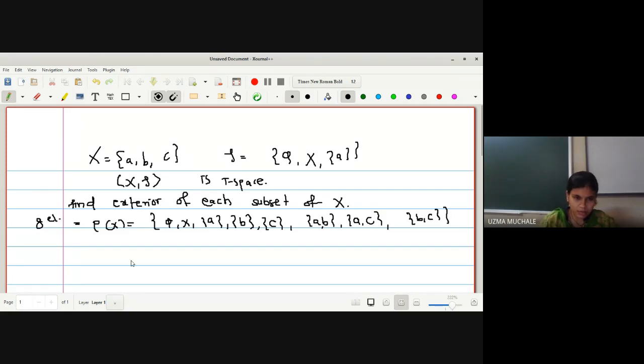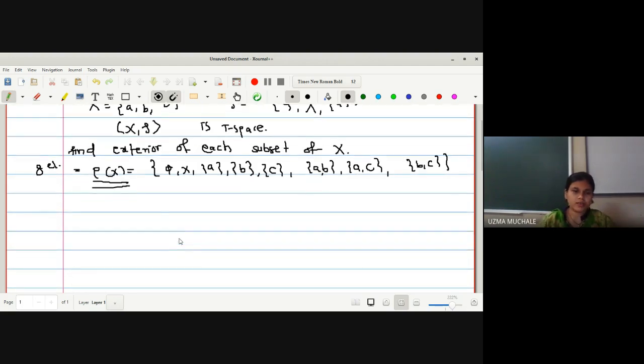Now what is the question? Find the exterior of each subset of X. The collection of all subsets of X is the power set of X. That's why I have written the power set of X. We have to find the exterior of each subset of X.